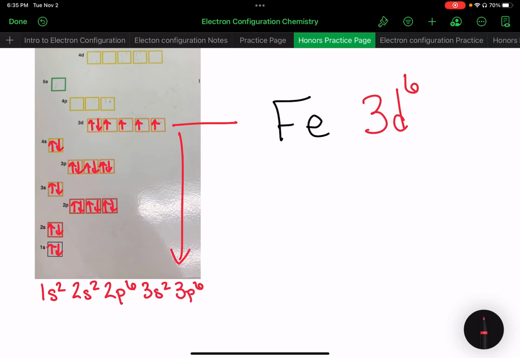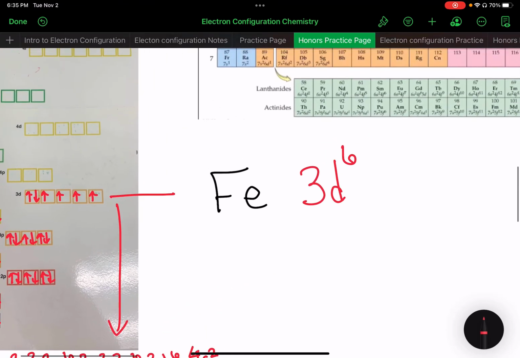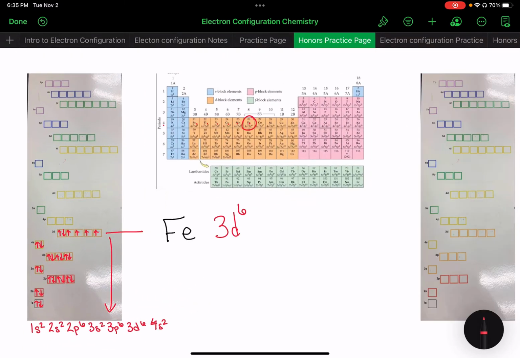Then I'm going to go get that 3d6, and then 4s2. So again, even though I filled the 4s first, because I always fill based on my periodic table, just like I showed you earlier, when I write the configuration, I write based on energy levels, and that's why the 3D comes in front of the 4s.